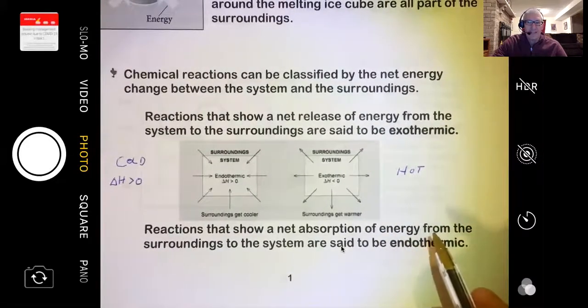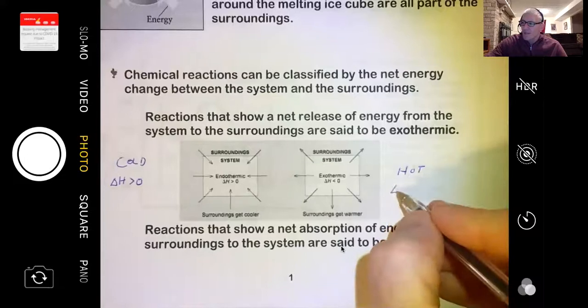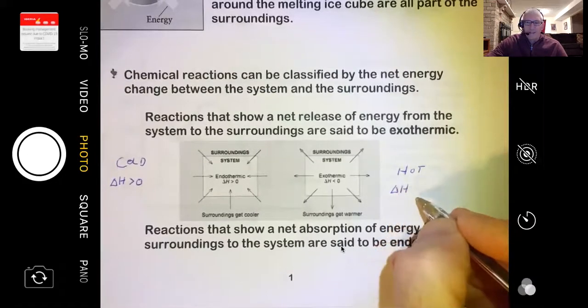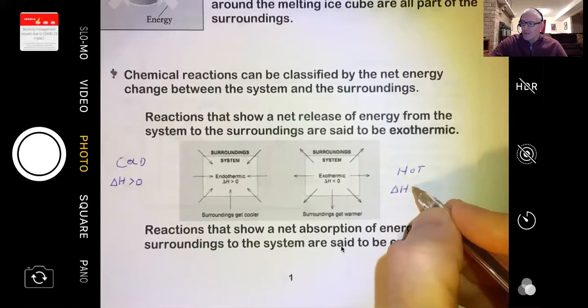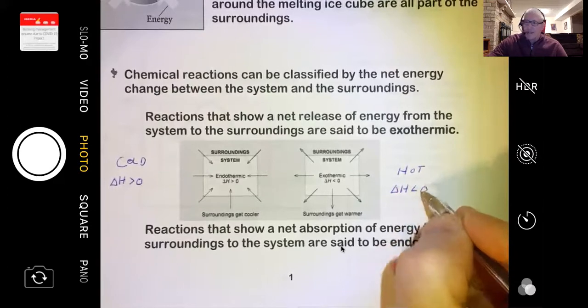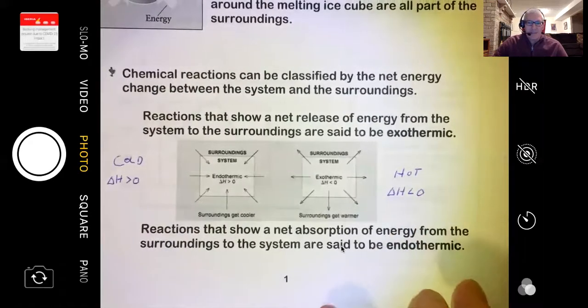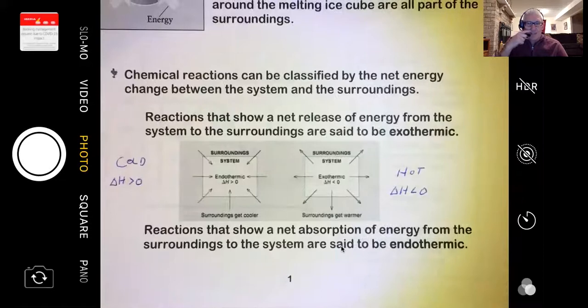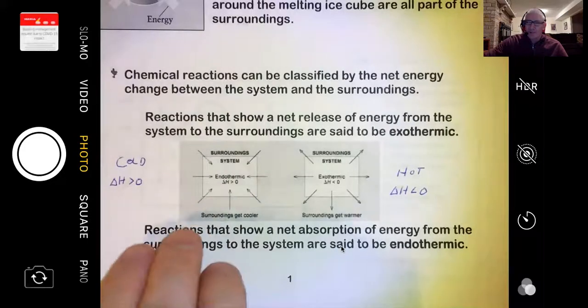You're gaining heat from that reaction, and so it feels hot. The change in heat is losing energy, so we're going to say that is a negative sign in front of the energy term there. All right, so that's the first page.